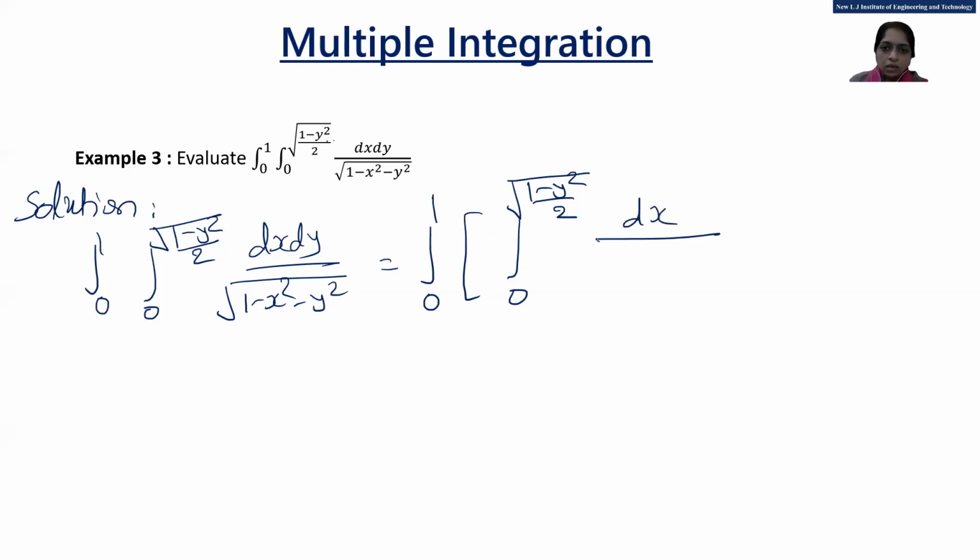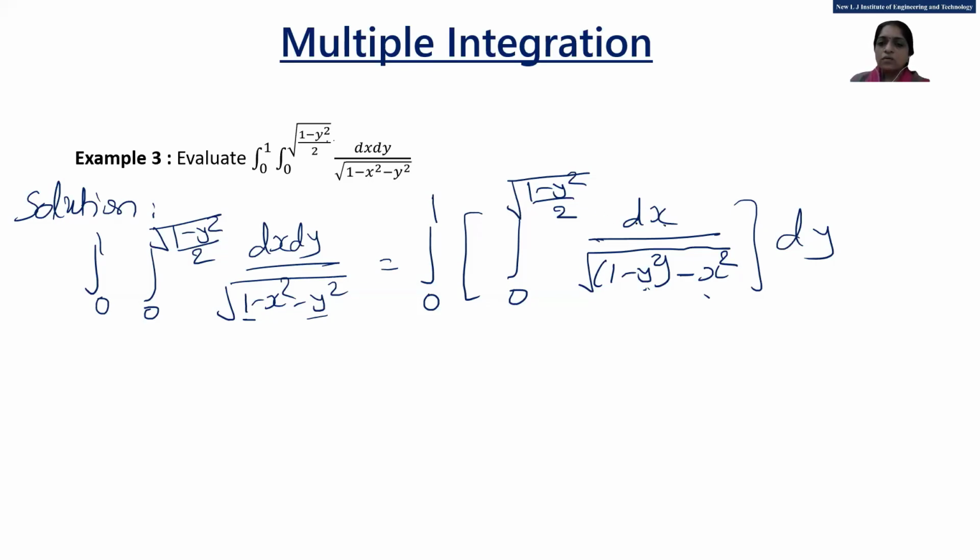In this case x is variable and y is constant, so I keep 1 and minus y square together because both are constant. So 1 minus y square minus x square into dy, because now x is variable and y is constant.